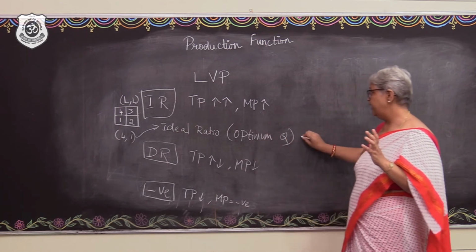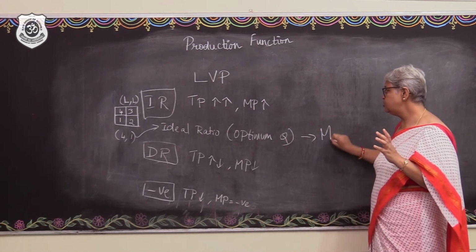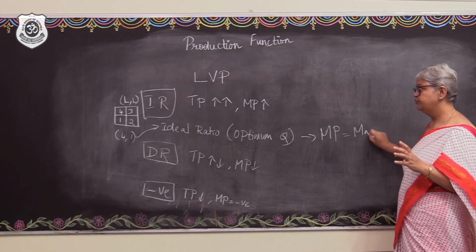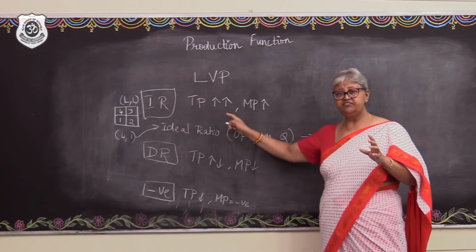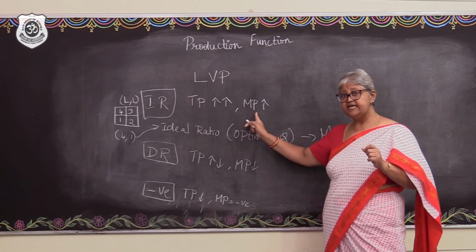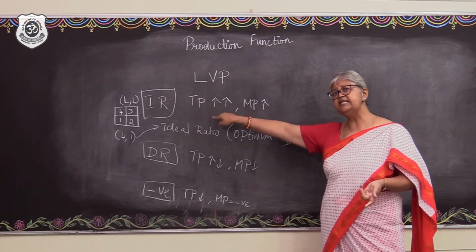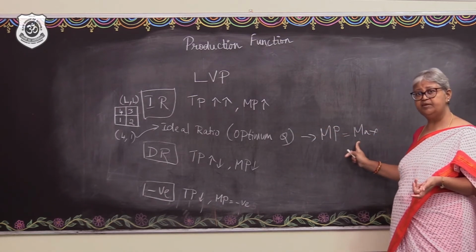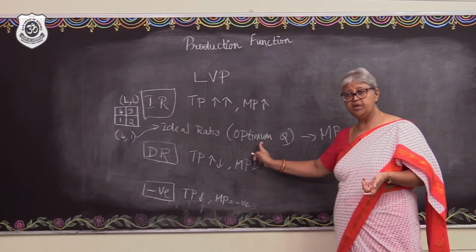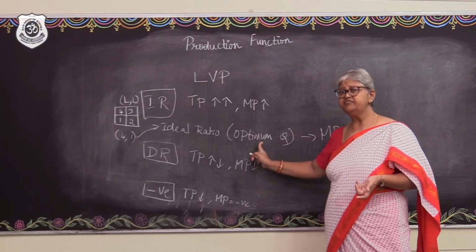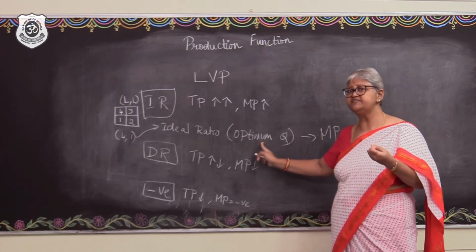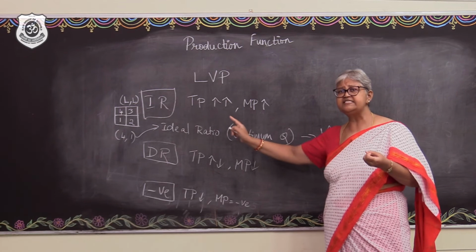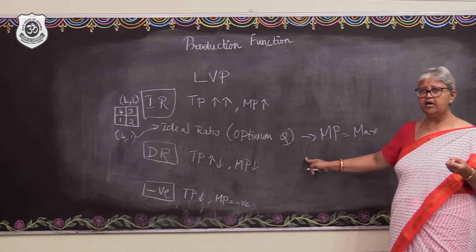So at this particular point, the marginal product becomes maximum. Look at this. In the first phase, MP is increasing, indicating that the TP is increasing at an increasing rate. Yes? So then it increases, it reaches its maximum, and that is the optimum output without straining the fixed factors, by completely utilizing the fixed factors. The ideal ratio of the variable and the fixed inputs is going to result in this particular output.